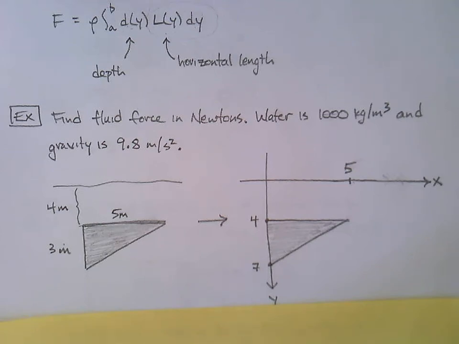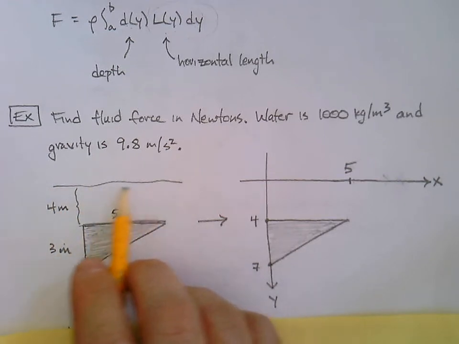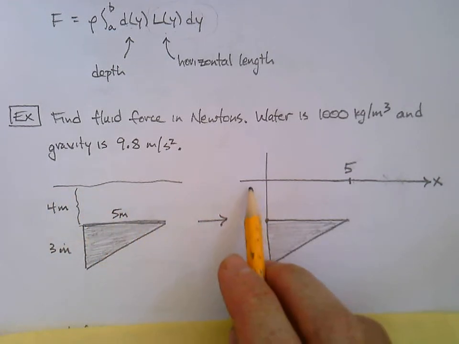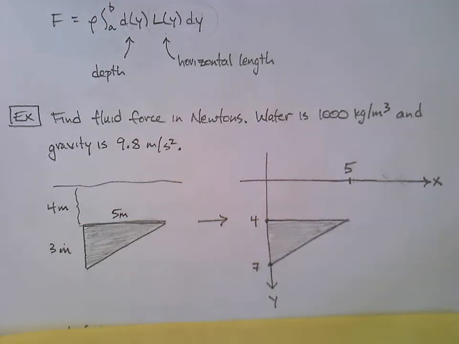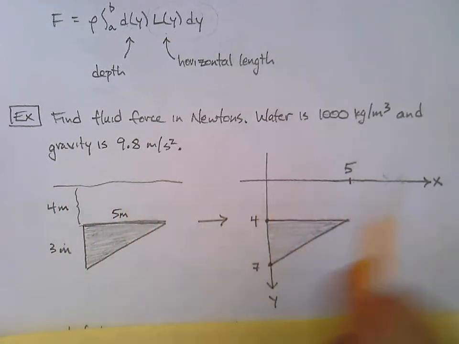Okay, so in a situation like this, here's what I highly recommend. Set up your coordinate axes the way that I have, and I'll talk through it in detail. So we're making the surface of the liquid, here the water, the x-axis.